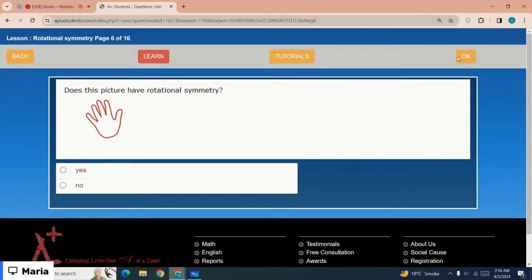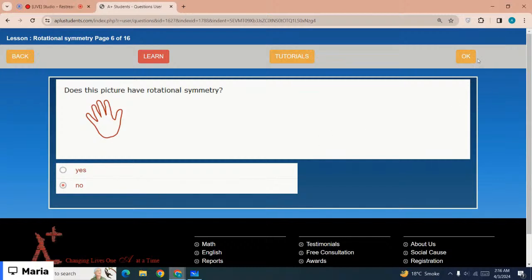Okay, does the picture have rotational symmetry, which is the correct option? The correct option is no, this doesn't have the line of symmetry.